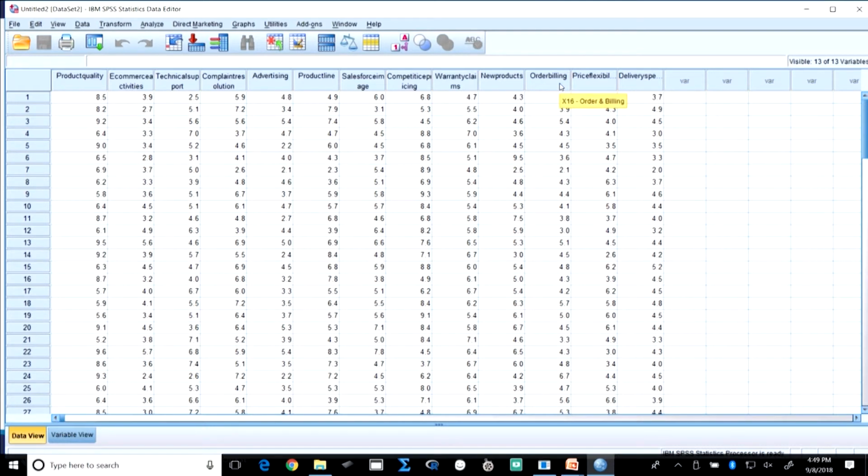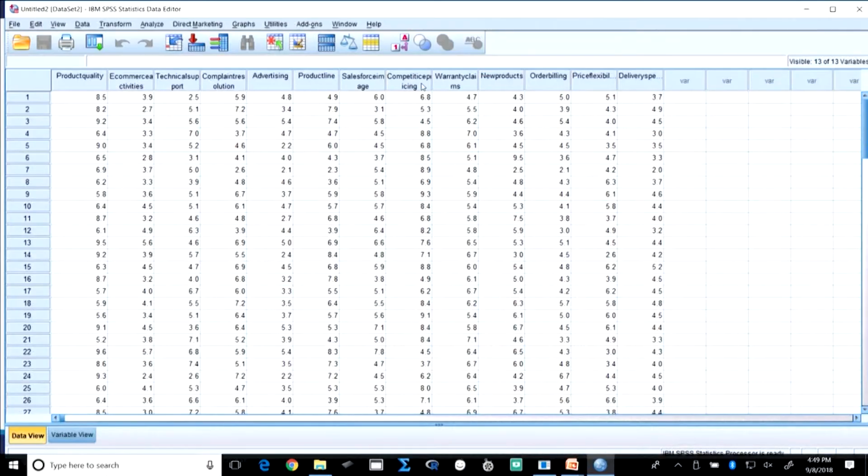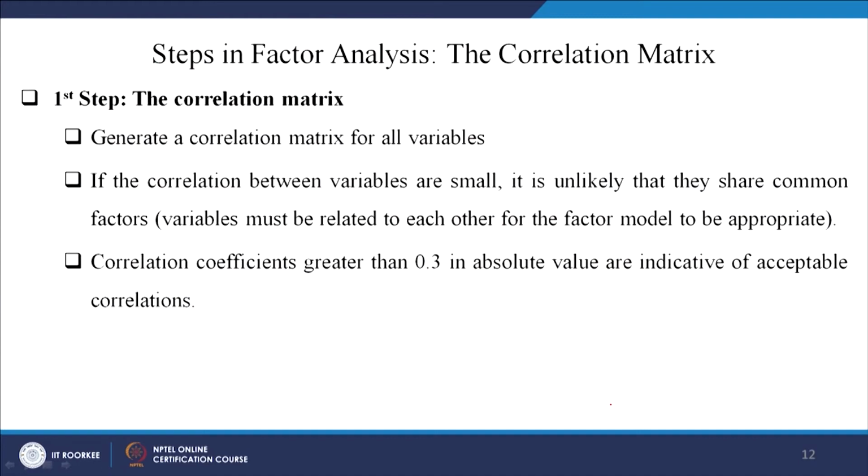It is of a company selling products in the market, and it wants to know how consumers feel and what impression they have. There are almost 13 variables. Some of them might be correlated with each other, some might not be. Instead of explaining 13, if we can explain 3 or 4, it is much simpler. In such a condition we will go for factor analysis.